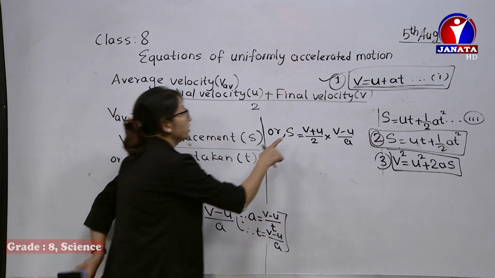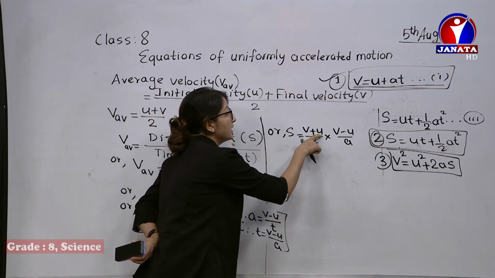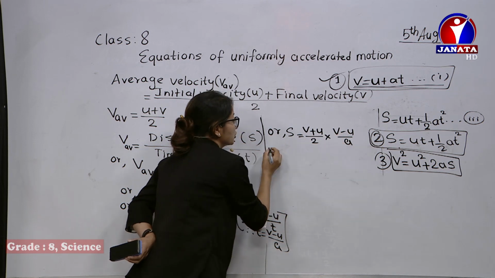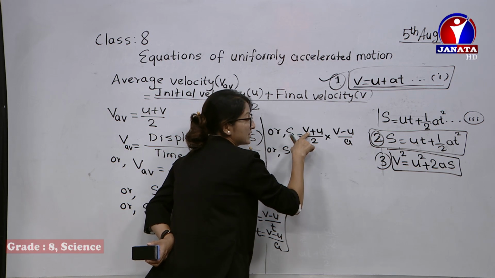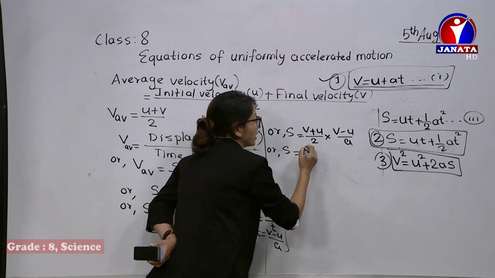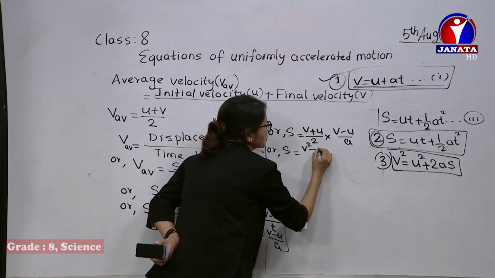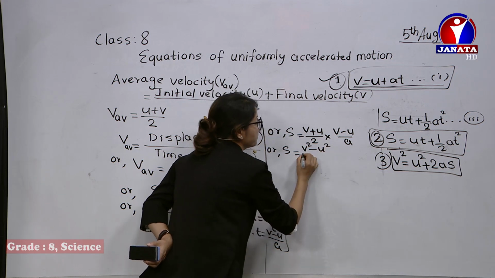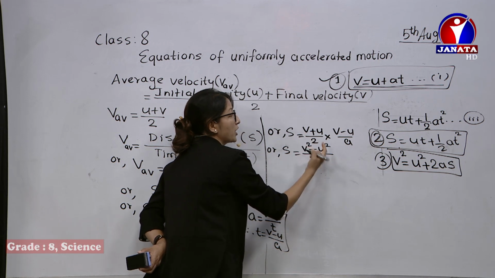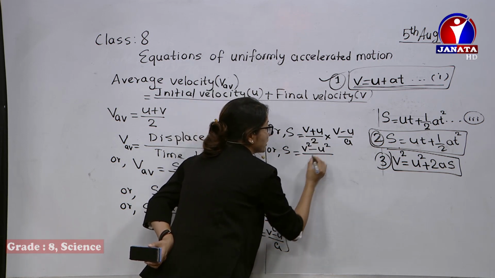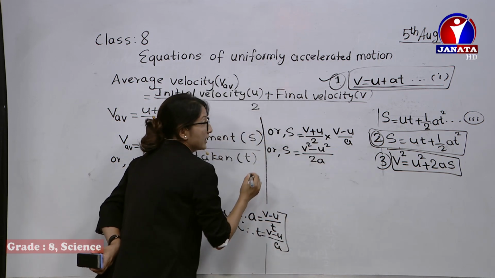So here now it is in the form (a plus b)(a minus b). So I'll write it in the simple formula form, like a square minus b square. So I'll write here v square minus u square then. v is our a, this is our b, a square minus b square, or v square minus u square, over 2 into a, it's 2a.